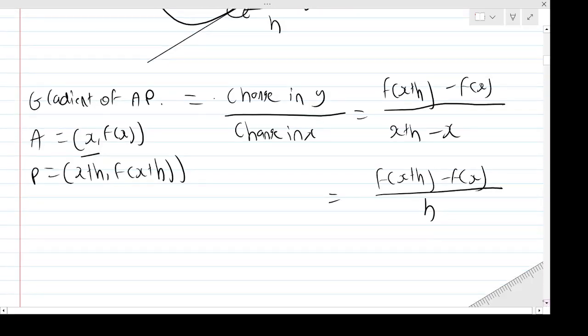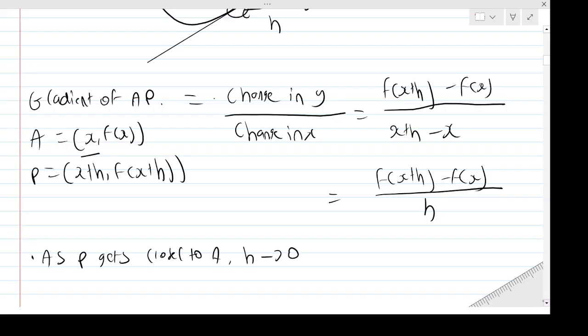And so what we say is as P gets closer to A, H tends to 0. This notation means H tends to 0. The H is getting closer and closer and closer to 0, which means P then is getting closer to A. And so as we've seen with the previous first example as well, when my point P gets closer to A, we get the gradient that we want between the 2 points.